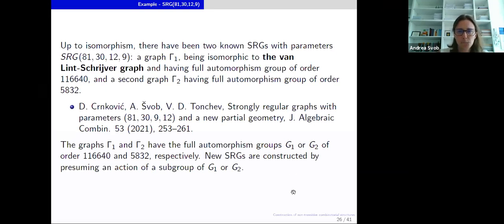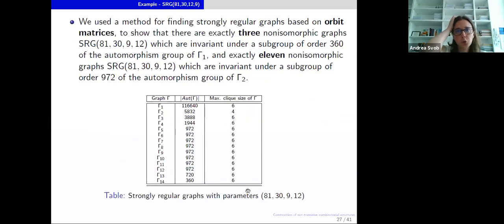So what we have done in this paper is that our starting graphs were these two known graphs, and from these two known graphs, presuming an action of subgroups of the full automorphism groups of these two graphs, we constructed some new strongly regular graphs.